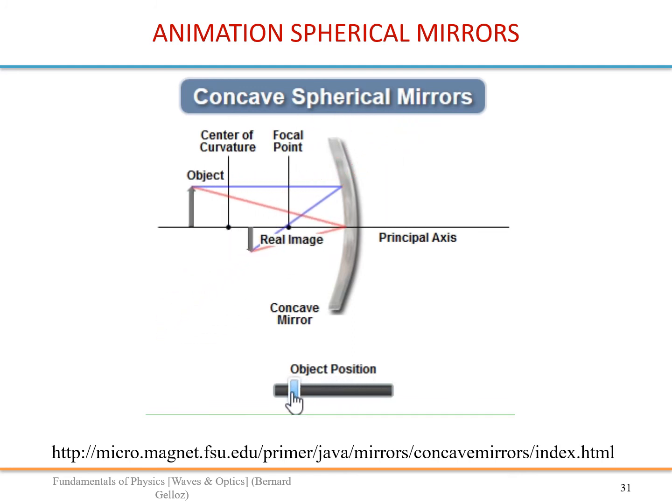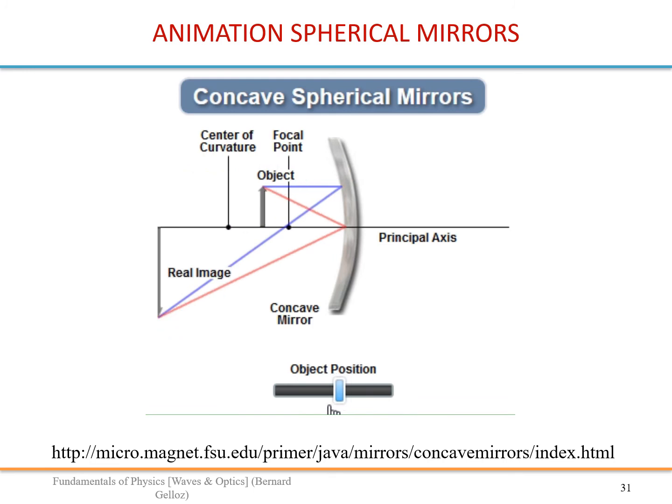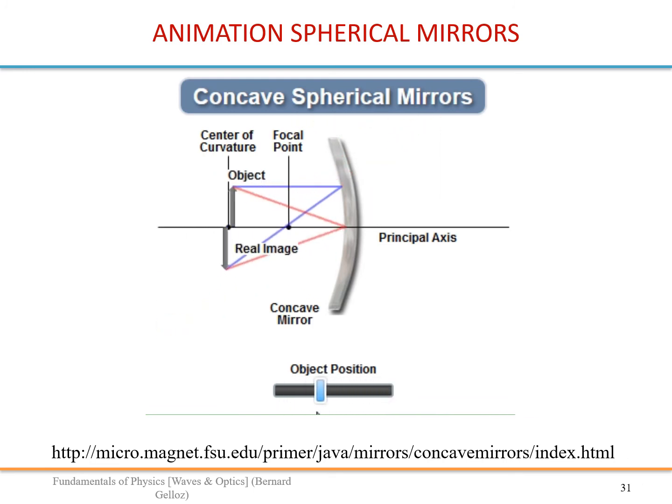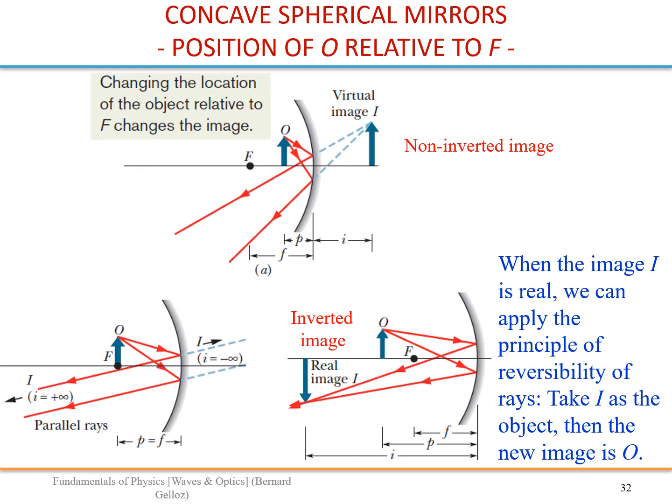Alright, so let's see how we can understand all this. This slide just summarizes what we have seen for a concave mirror. The image depends on the position of the object relative to f. When the object is between f and the mirror, you get a virtual image, non-inverted.